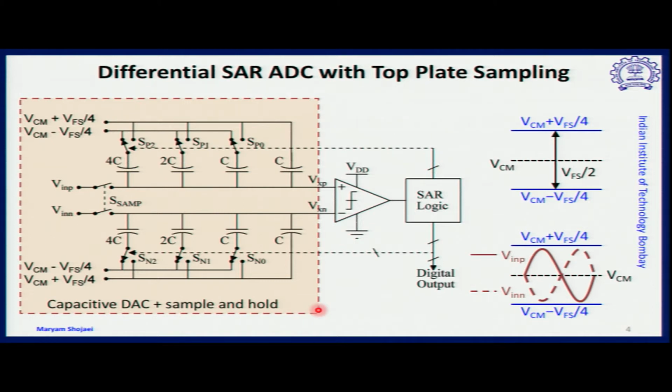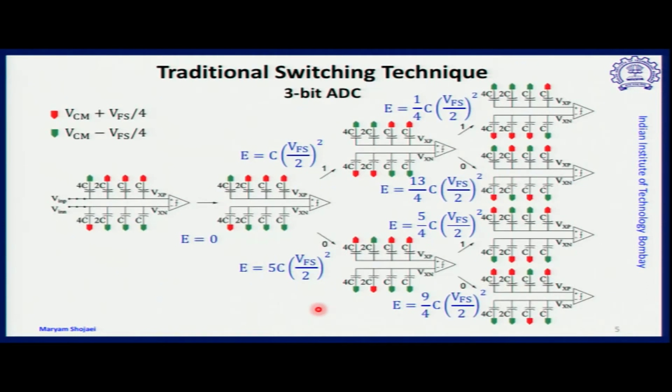Now we move on to switching schemes. Let's start with the traditional switching scheme. In the traditional switching technique, we start by sampling the inputs. In fact, sampling the inputs on one plate of capacitors is followed in almost all switching techniques.